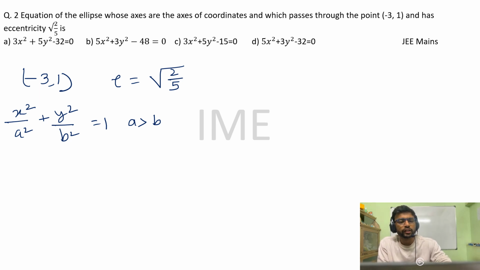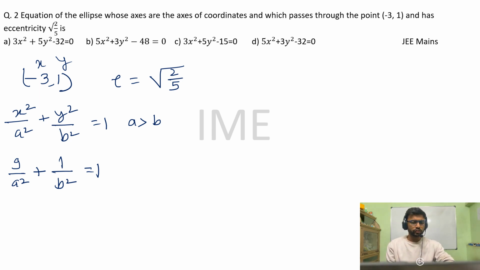See, we are given x and y, because this point -3, 1 is lying on the ellipse. So x is -3 and y is 1. So what we will do, we'll just put the values of x and y. So 3 square is 9 upon a square, and y is 1. So 1 square is 1 upon b square is equal to 1. Okay. Again, what we can do here, we can find the value of b square.